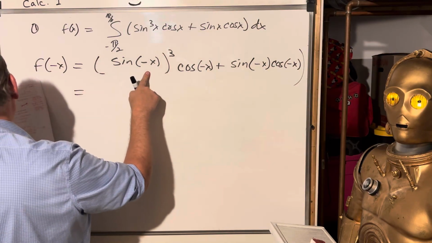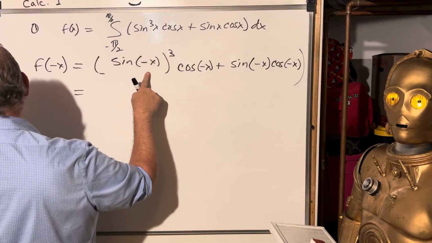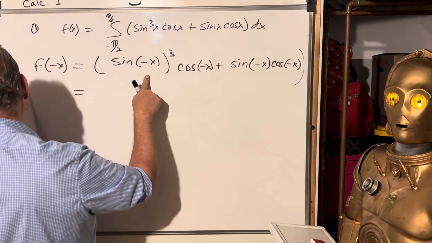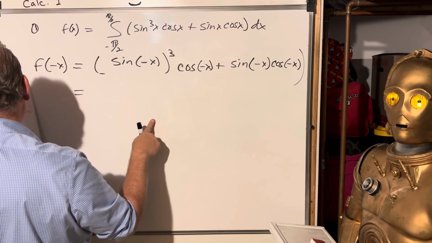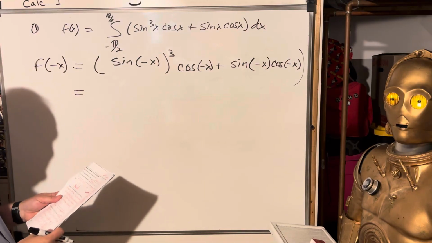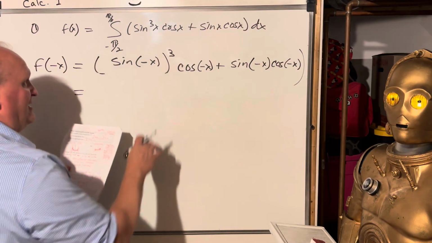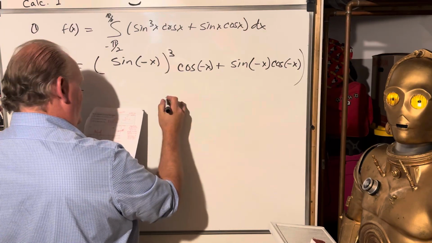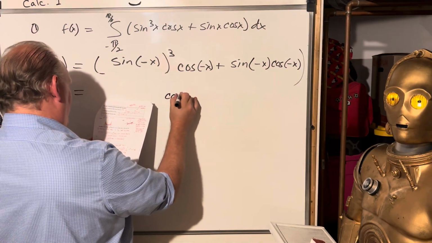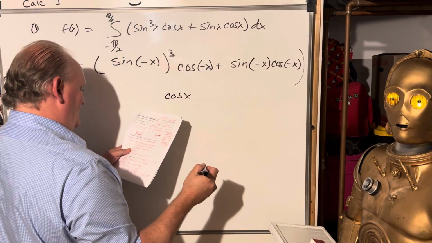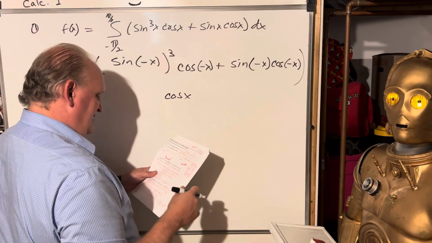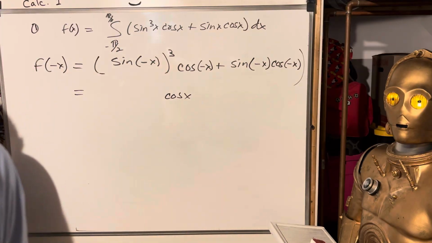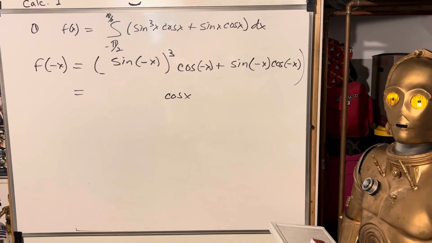So this becomes, what do we have? Negative sine, and the cosine of negative x is really just cosine x. The sine of negative x is the opposite of sine.